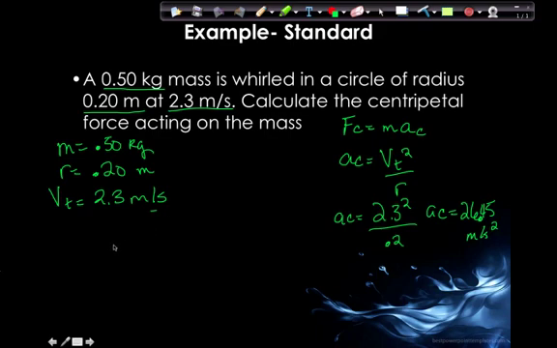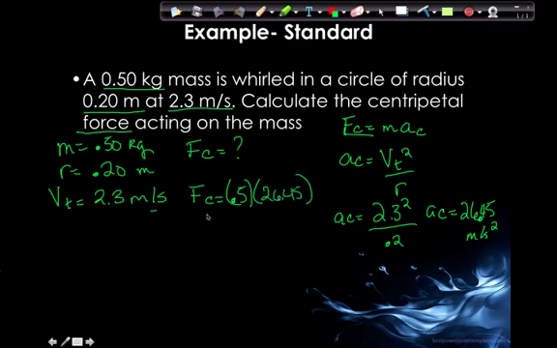Alright, so now I have my AC. Now I can go back and solve for my FC, because it's asking for the centripetal force. Do not forget what it's asking for, because I'm not done yet. Okay, so the centripetal force is equal to my mass, which is 0.5, multiplied by my acceleration, which I just solved for.